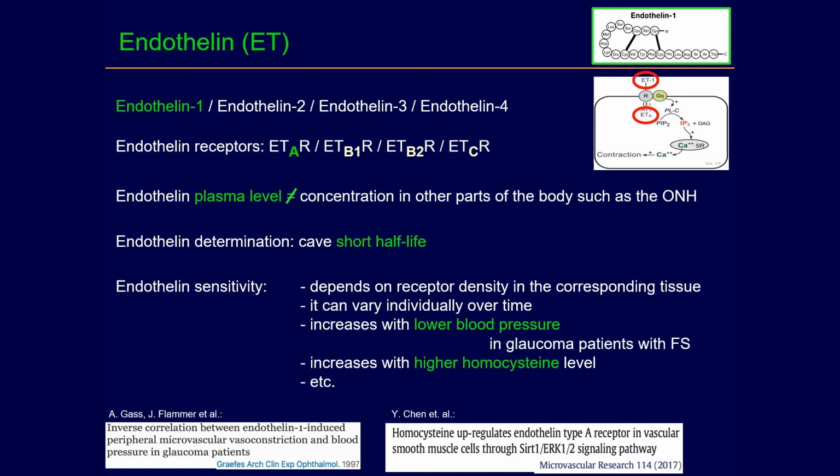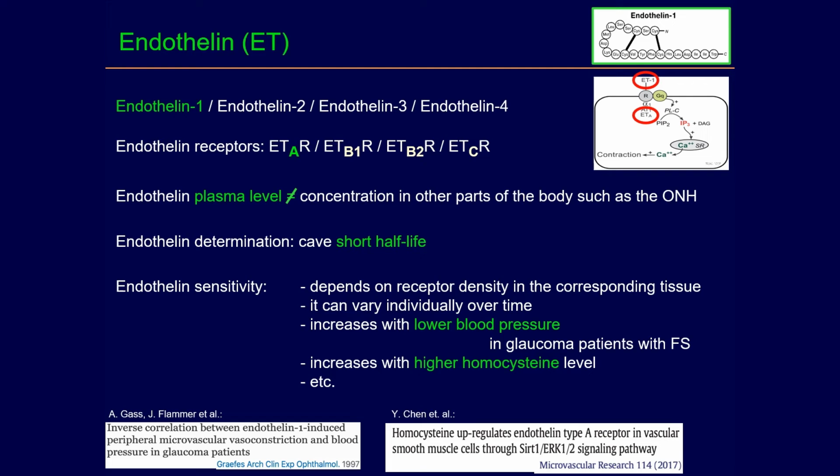The quantification of endothelin is not easy. One reason for this is the half-life of only minutes. Besides the endothelin concentration, the endothelin sensitivity is also important, and this sensitivity depends on the receptor density in the corresponding tissue and can also vary individually over time.